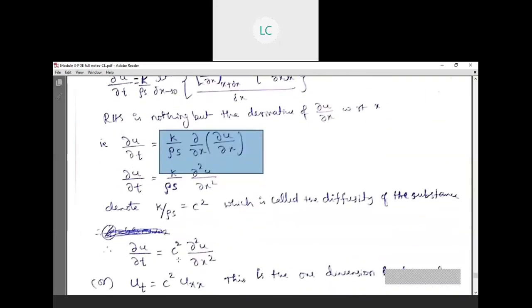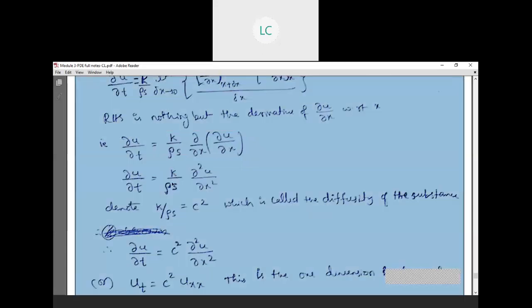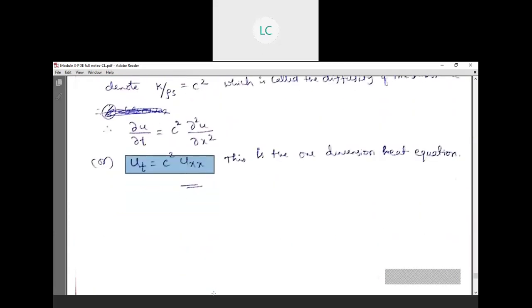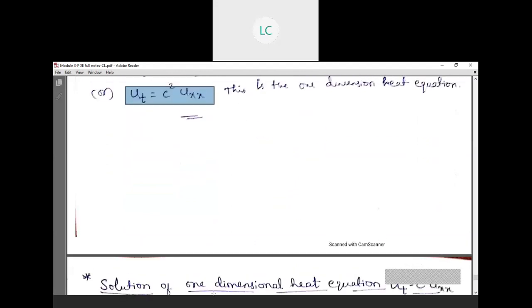Now I am going to consider K by rho s as a constant, that is c square. We'll get dou U by dou t is equal to c square dou square U by dou x square, or you can write u_t is equal to c square u_xx. This is the required one-dimensional heat equation.